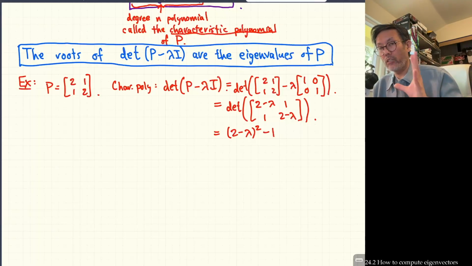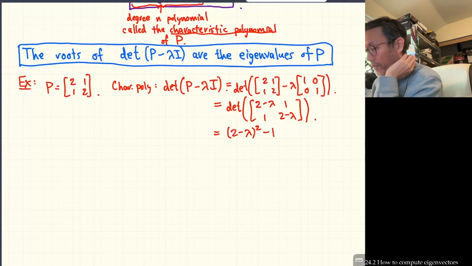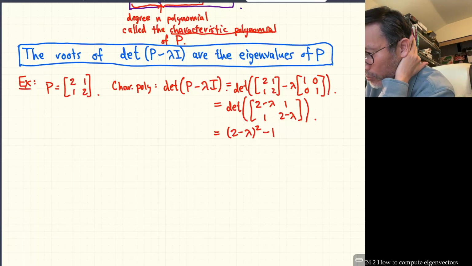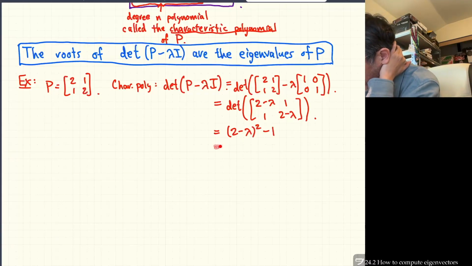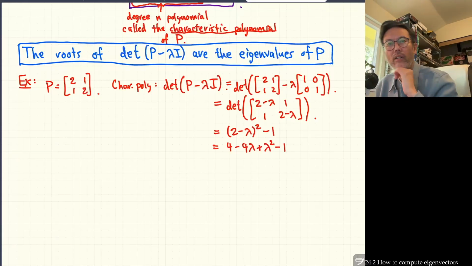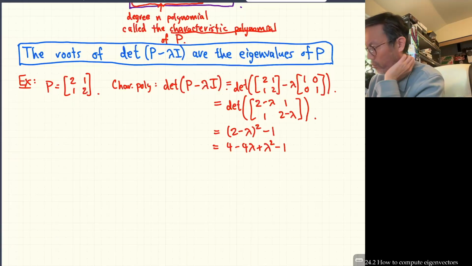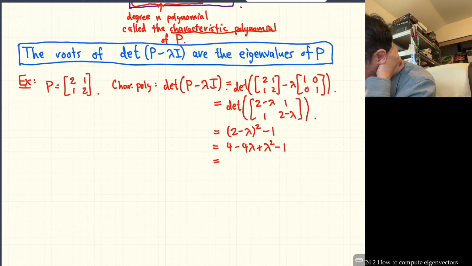Let's expand this out because we want to find the roots of this. This ends up being a quadratic polynomial. What quadratic is it? If I expand this out, 4 minus 4 lambda plus lambda squared minus 1. And organizing this in descending order, it is lambda squared minus 4 lambda plus 3.